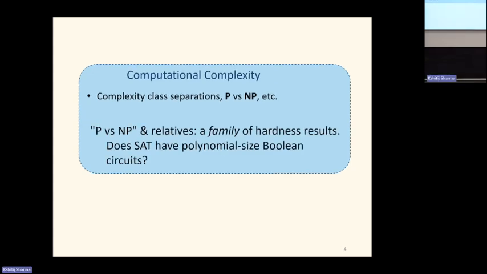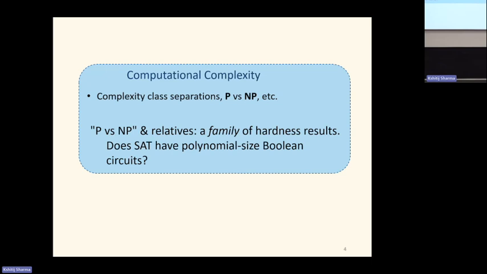That's computational complexity. Of course, those who haven't heard about P and NP, or don't remember the definition, can think about it concretely as the following question: does SAT, satisfiability, have polynomial size Boolean circuits?